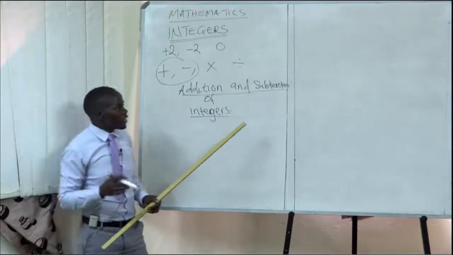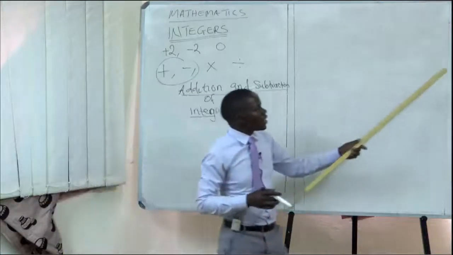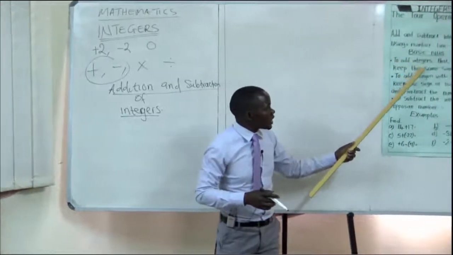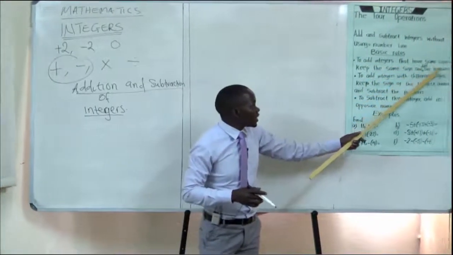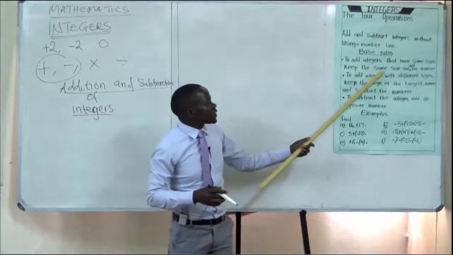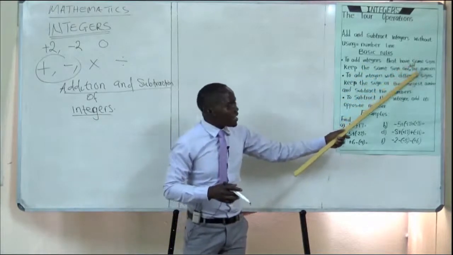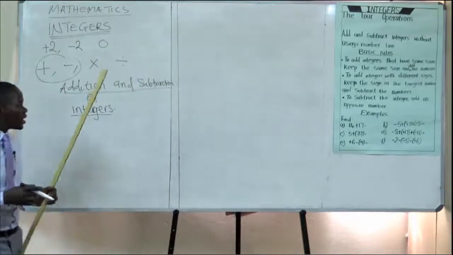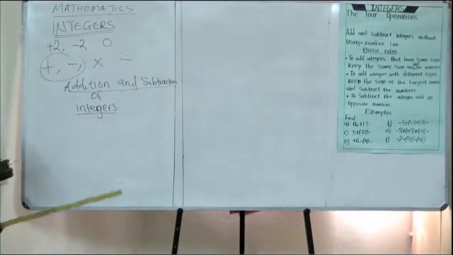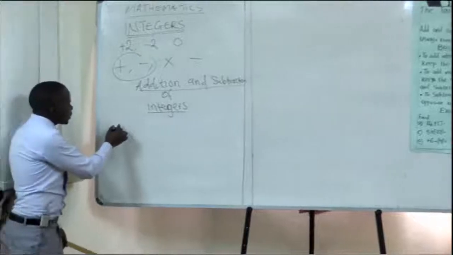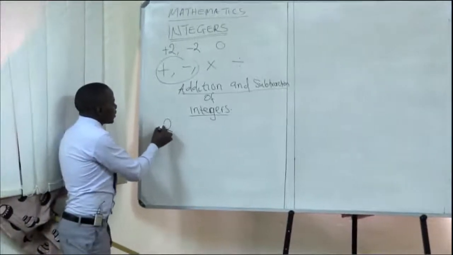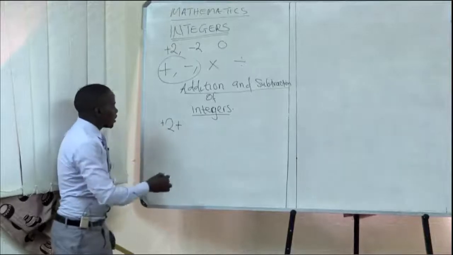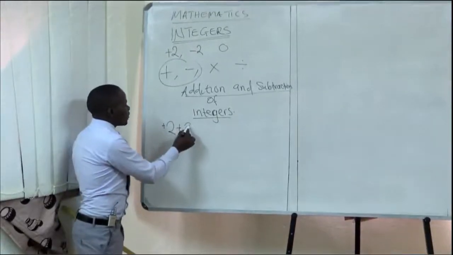So the rule number 1 is, when you look at this chart here, to add integers that have the same signs, keep the same sign and add the numbers. What does it mean? We are saying, when you have got the same sign, for example here, you have got a number like positive 2 plus positive 3.